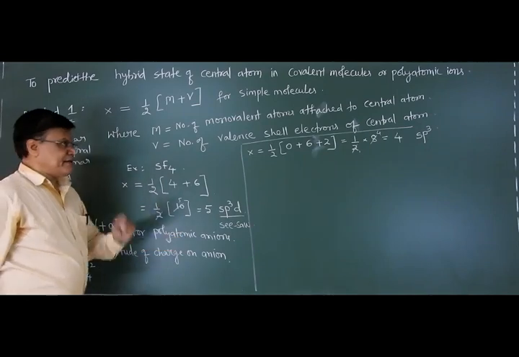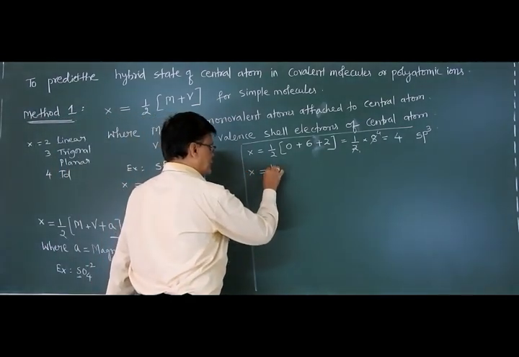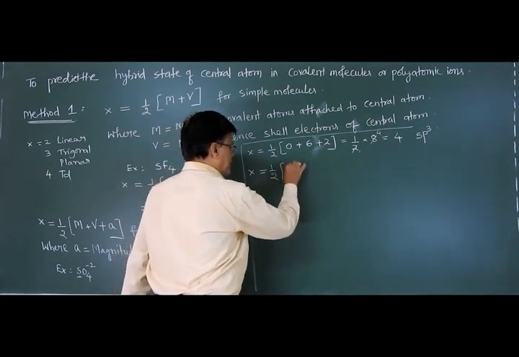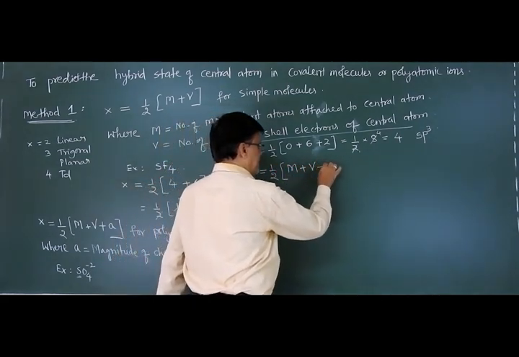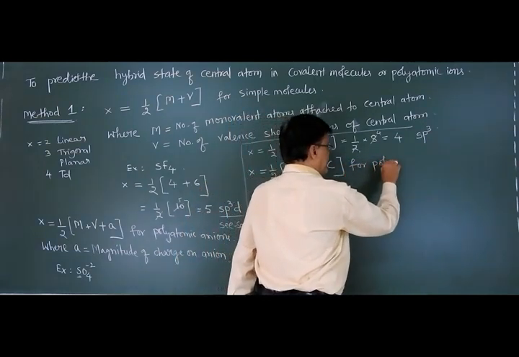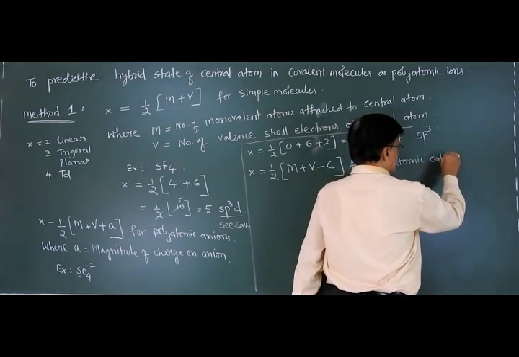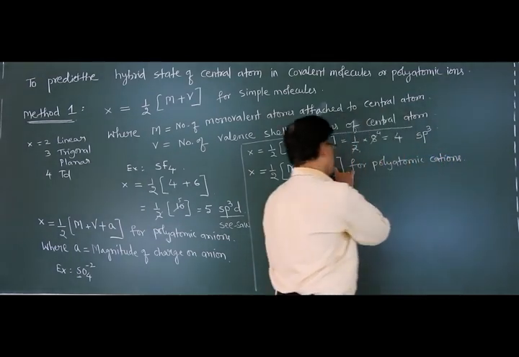Then polyatomic cations. We will discuss the polyatomic cations. X equal to half (M plus V minus C) for polyatomic cations. What is C?